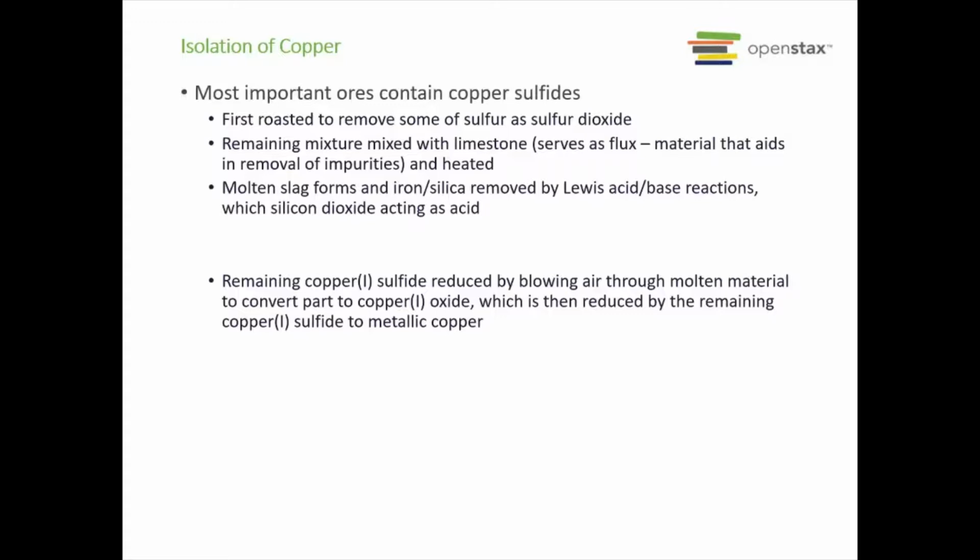The remaining mixture, which now has copper(I) sulfide, as well as iron(II) sulfide, iron(II) oxide, and silicon dioxide, is then mixed with limestone. Limestone is used as flux, and a flux is a material that aids in the removal of impurities, and then it's heated. So this forms molten slag, and the iron and silica then are removed by acid-base reactions, where silicon dioxide acts as a Lewis acid.